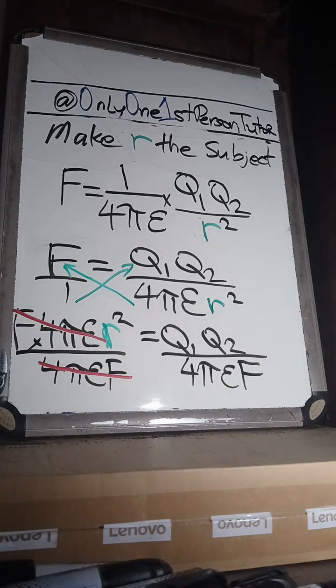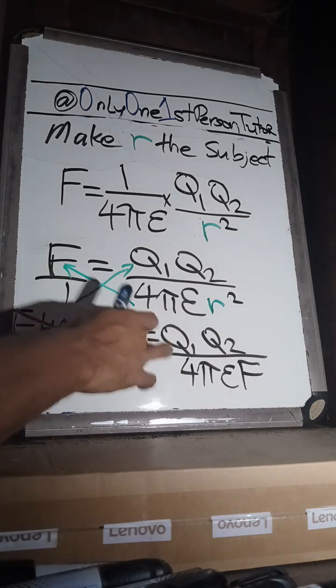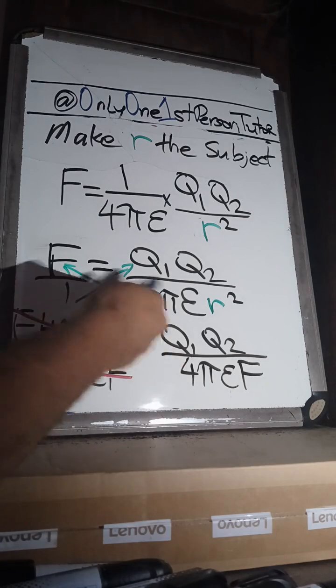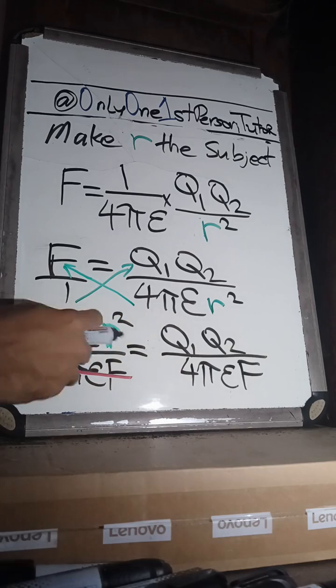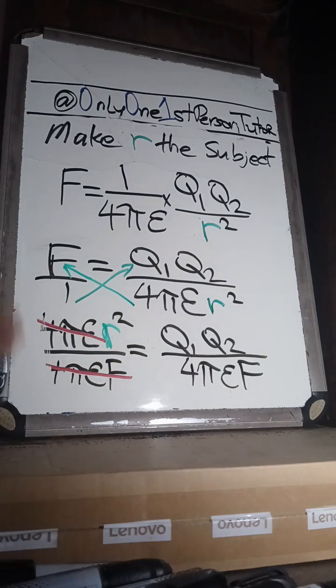Now the good thing is, even though you have r squared, there's only one thing you have left to do. Just one. So this divided by this.